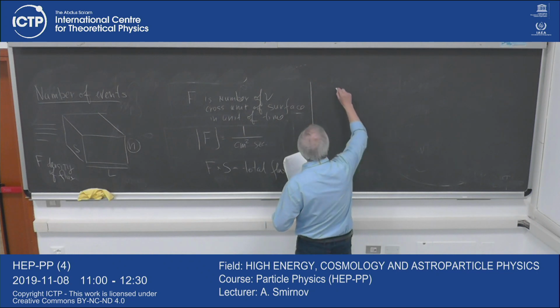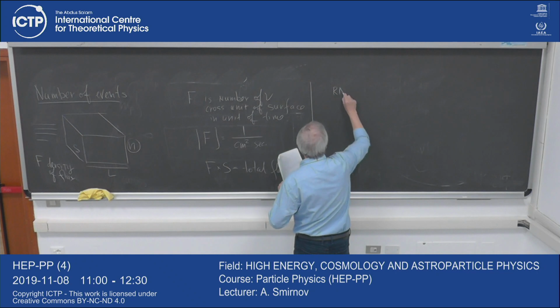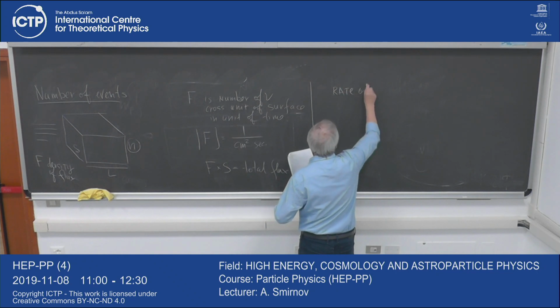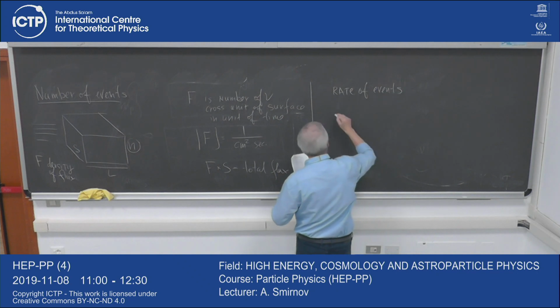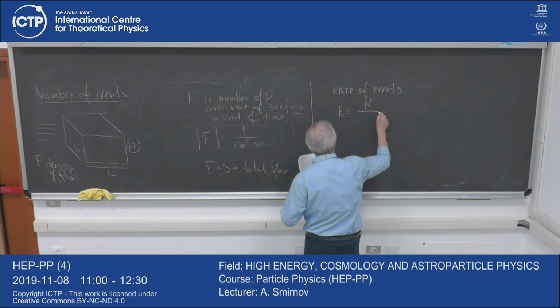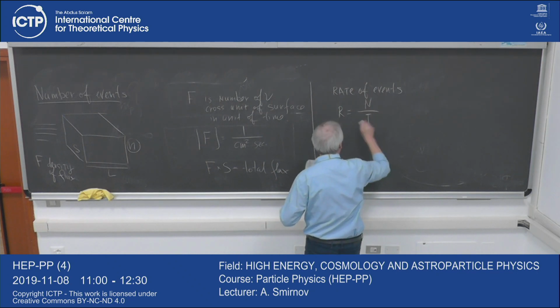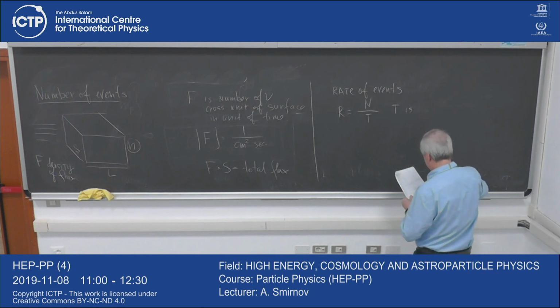So an important notion is the rate of events in the detector. The rate of events is the total number of events over time, and T is the exposure time.